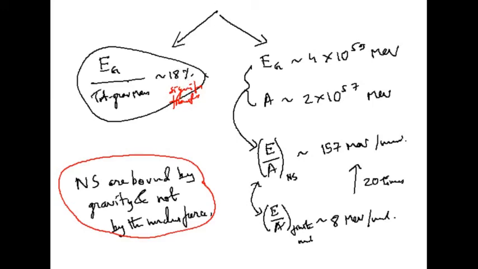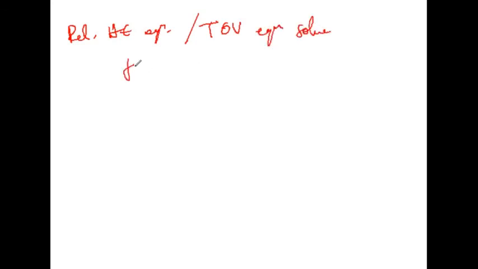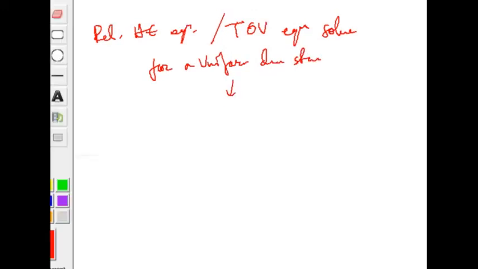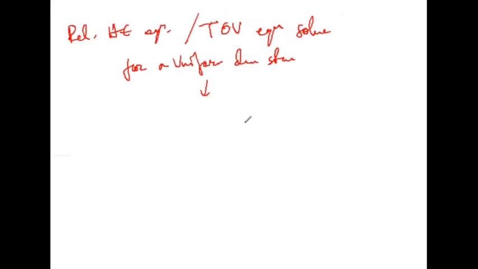Well, you will see that when I solve the TOV equation later on, which is basically the relativistic hydrostatic equilibrium equation, for a uniform density star, what we will obtain after this solution, it's a little bit mathematical, is this result. Let me write it down.